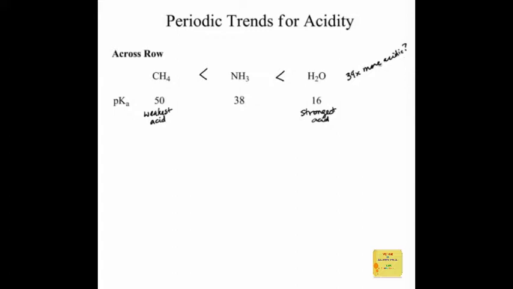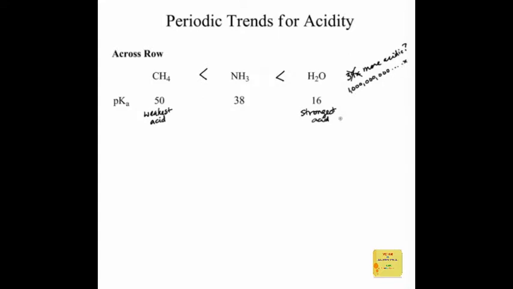But no, remember that the pKa table is a logarithmic scale, so we're looking at orders of magnitude, factors of 10. So it is 1 with 34 zeros after it times more acidic. So that's like a gajillion. We don't even know what number that is. So this is hugely, hugely more acidic.